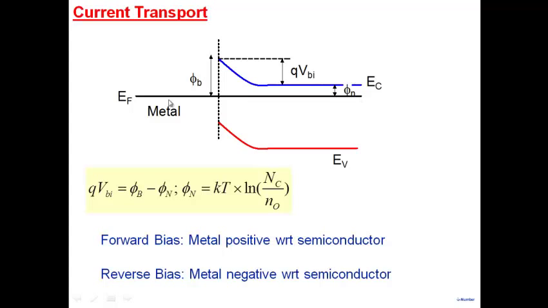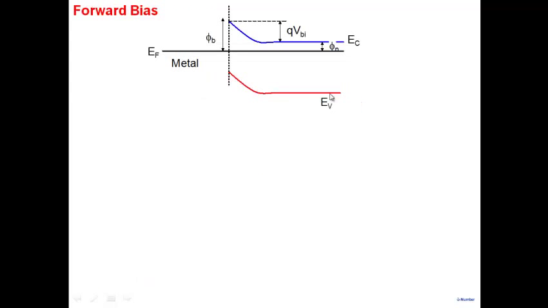So imagine that the metal is made positive, the other end is connected to ground. So this is the equilibrium position. When I apply positive bias to the metal, what happens to energies? Energies will go down. Remember, these are electron energies. So the energy is E equal to minus Q times the applied voltage.